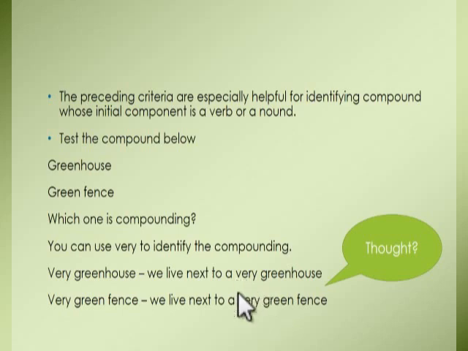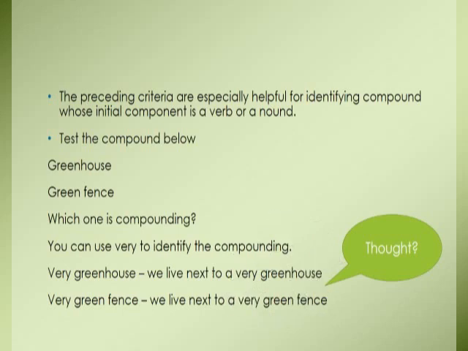You can say very green. The fence is very green, not light green. So this is acceptable, and it shows that this is actually not a compound. It is simply a phrase. Okay, you got the meaning? You got the point for this one?